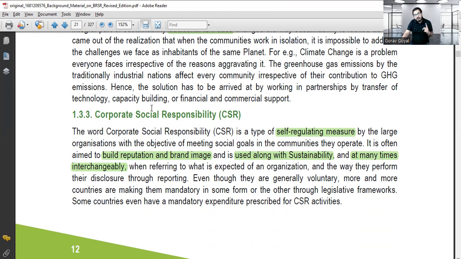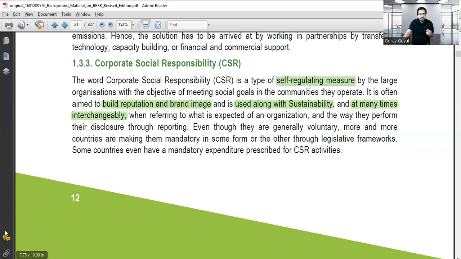So now we have two terms. One is corporate social responsibility, and the second is corporate sustainability reporting. Sustainability reporting is something that we are discussing in every video. Now, corporate social responsibility is a type of self-regulating measure by large organizations with the objective of meeting social goals in the community they operate in.